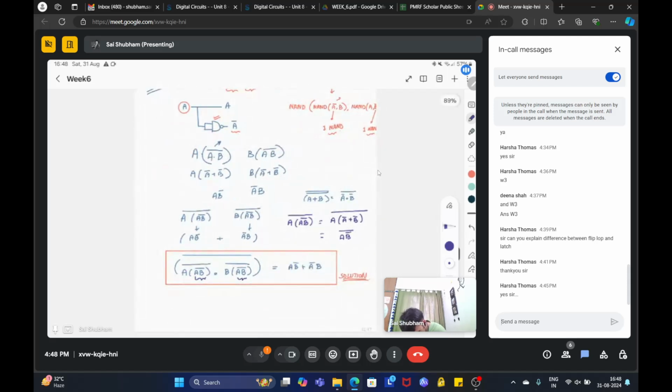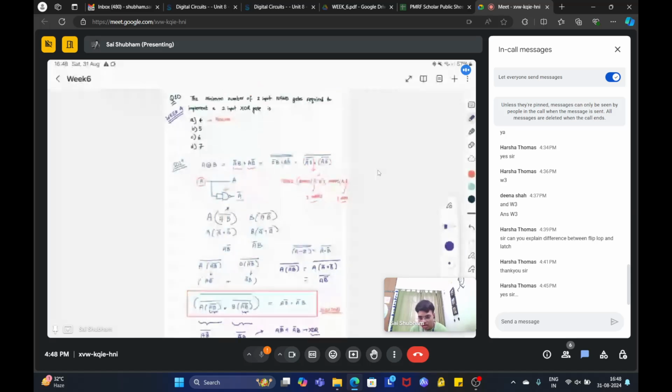So here this will give you AB bar whole bar, and this will give you A bar B whole bar. If you perform the final NAND, it will give you AB bar plus A bar B, which is your XOR gate. So my solution had the use of 5 NAND gates, but one of the students gave a better solution. This was the solution, which has 4 NAND gates.